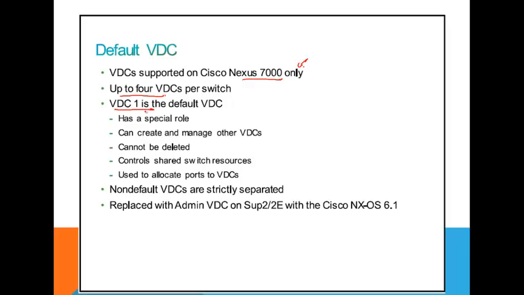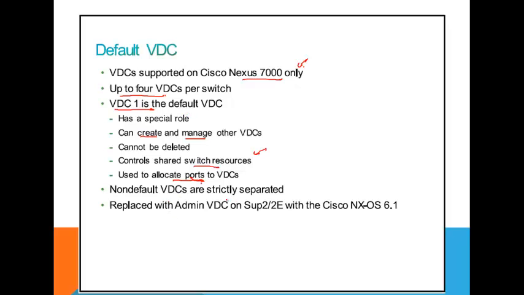One default VDC is recommended to dedicate only for the management purpose, to manage the other VDCs, to create, to delete, or to manage, means to allocate resources to the other VDCs. Resources like processor, interfaces, ports, VLANs, VRFs, and so on. So it is 3+1.